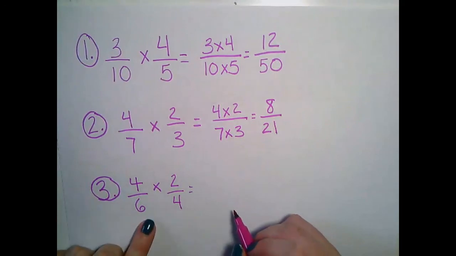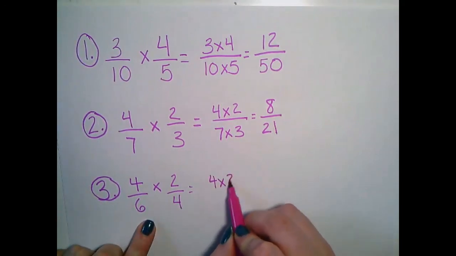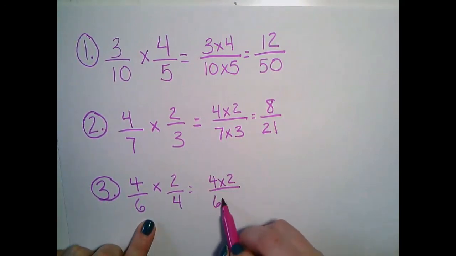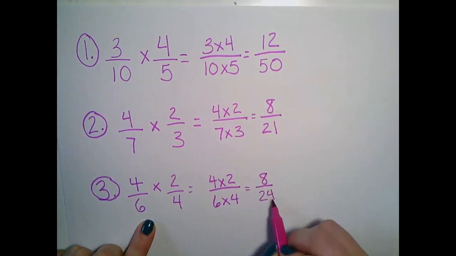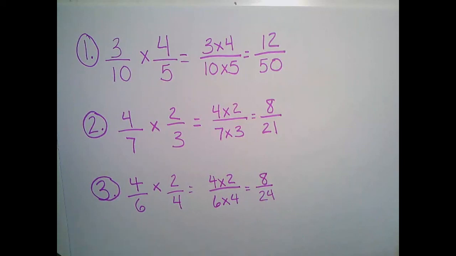And then for this next one, you could do 4 times 2 as your numerator and 6 times 4 as your denominator, which would give you 8/24. I hope that you all do very well on your practice problems.